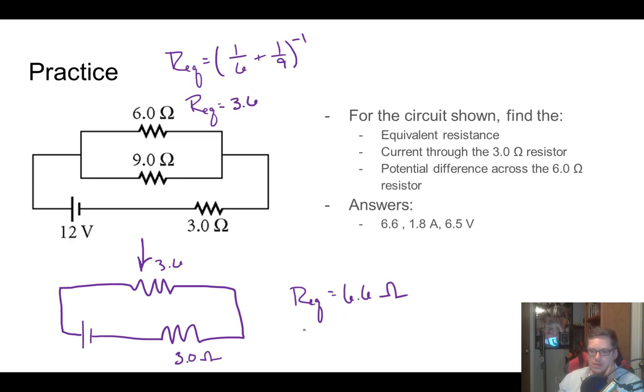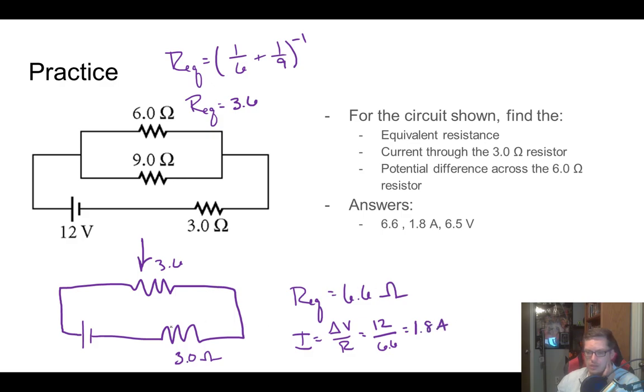So that means the current is equal to, use Ohm's law, delta V over R, all right? And so our delta V, well, that's just the potential difference of the battery, so that's 12, and then the equivalent resistance would be 6.6, right? And that should be it, 12 divided by 6.6, all right? And that's equal to 1.8 amps, right? So that's that guy there.